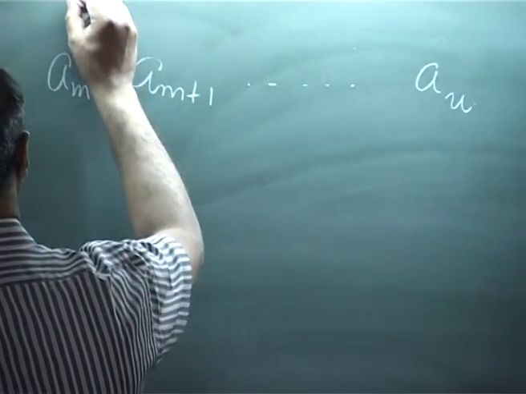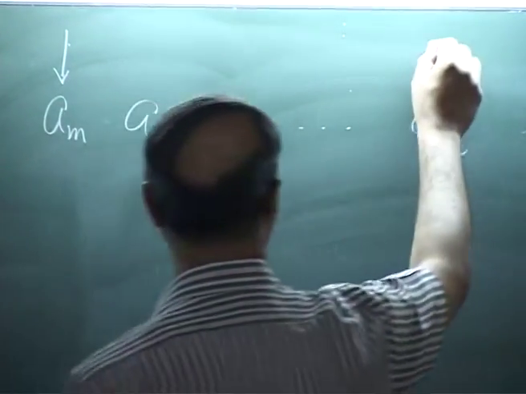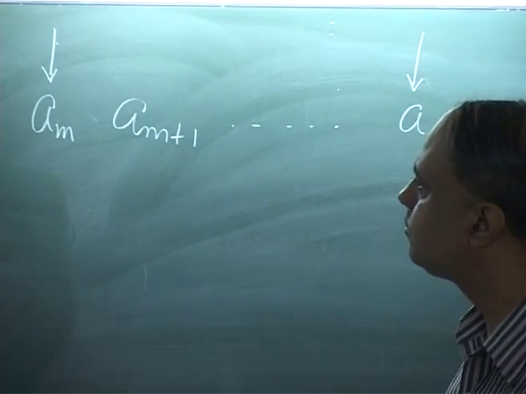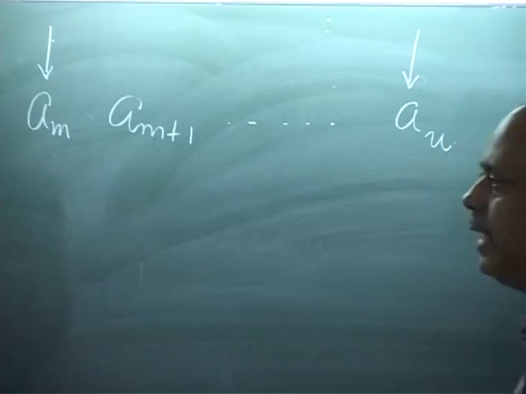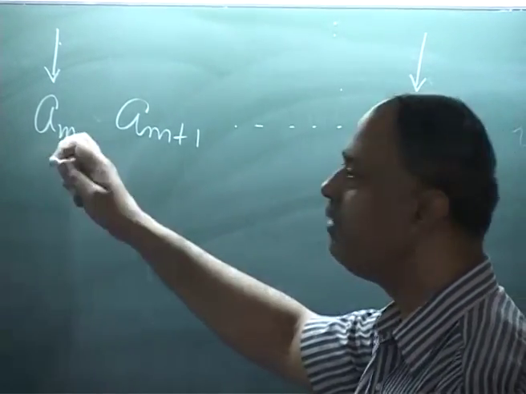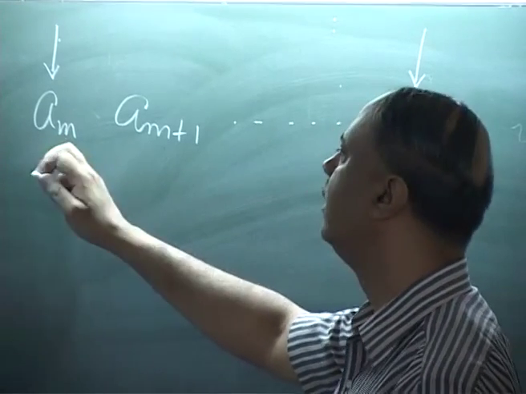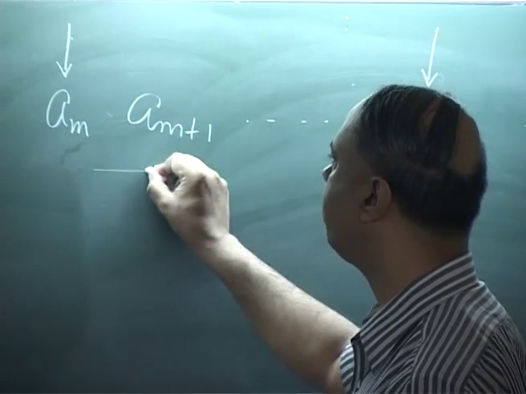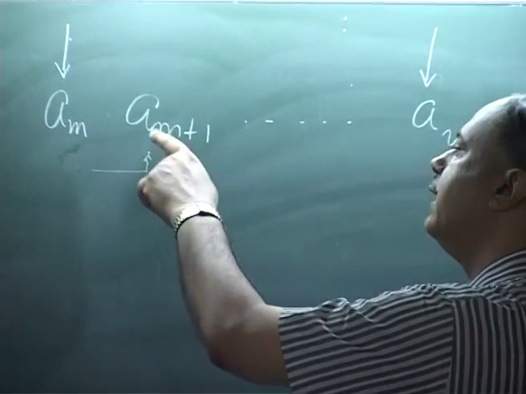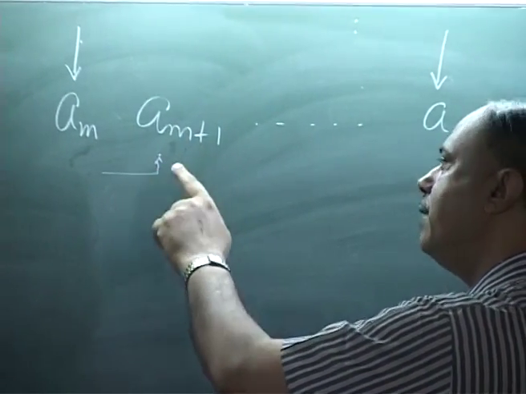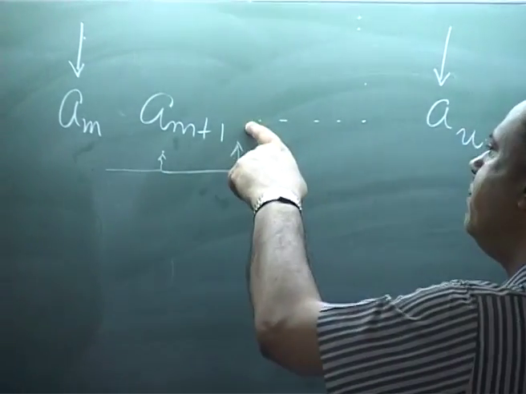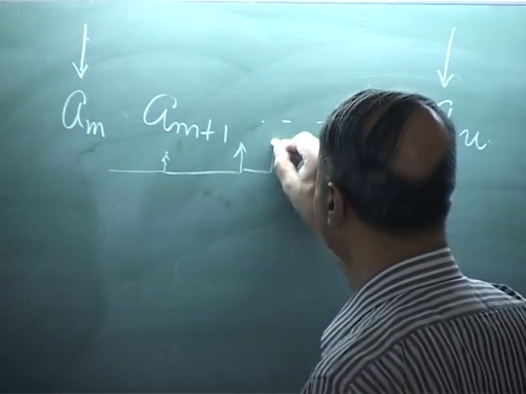I put a pointer here and I put a pointer here. Now AM is compared with this first element. If you find that this is smaller than or equal, you retain it as it is and move the pointer. Now this element is compared with AM. If you find that this element is smaller than AM, you go to the next element.